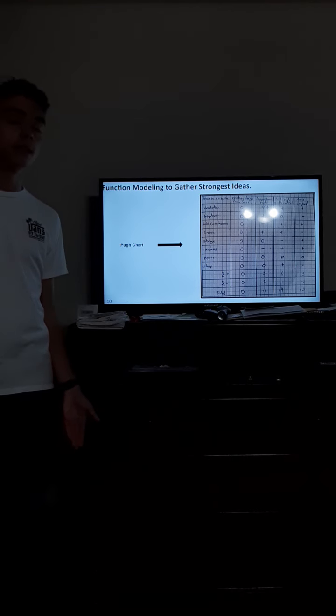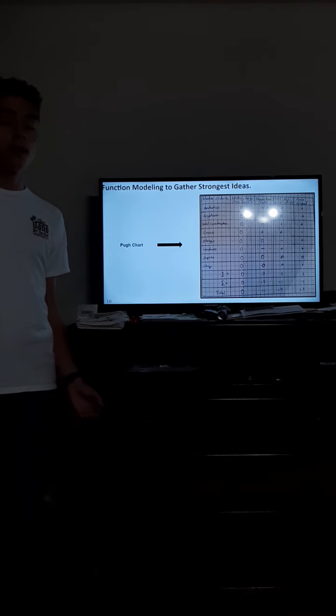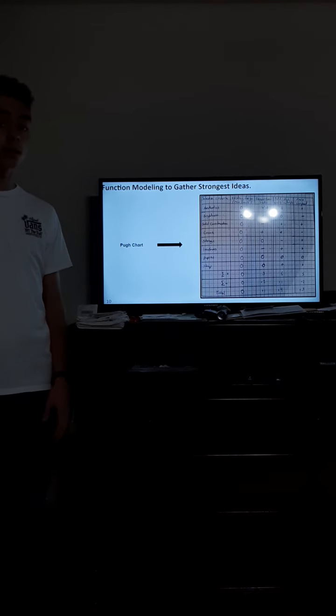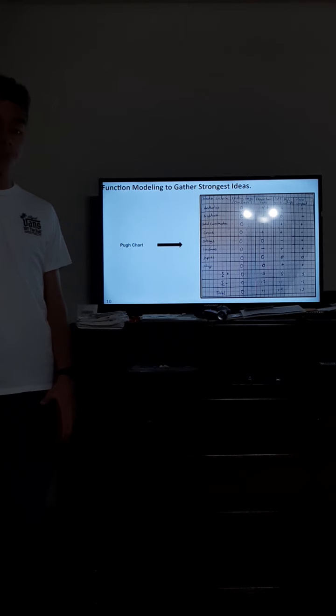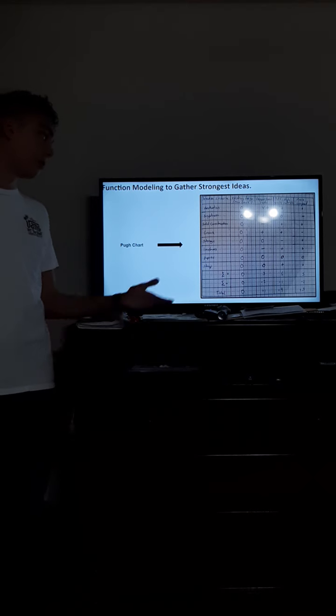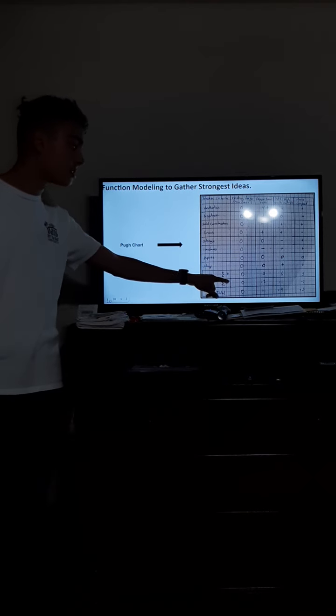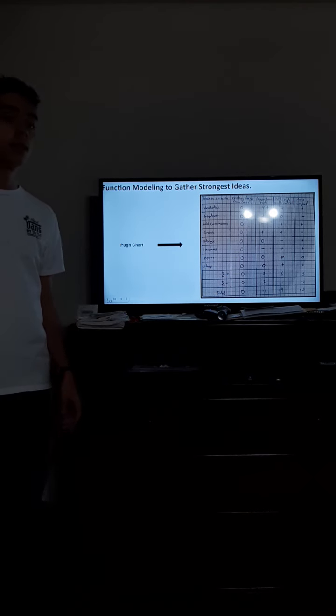We rated them on all the criteria with a plus if it improved on our base design, a minus if it did worse than our base design, and a 0 or a nullifying mark if it did not improve or worsen the performance of the existing design. Then we took all the positives and all the negatives of each design and added them together to get a net total.